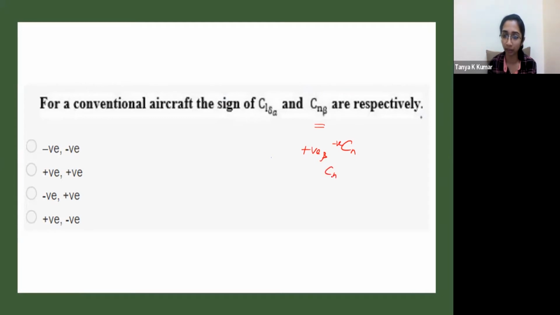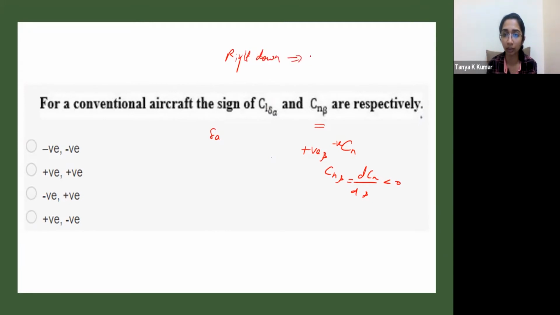So your dCn by d beta is less than 0. For a positive beta, your Cn is less than 0, so it's negative. Similarly for delta A. For a positive delta A, positive aileron deflection was what? Right wing down was positive, right?